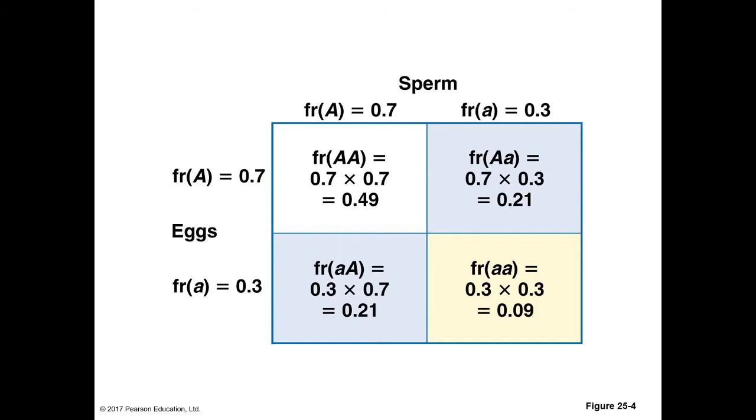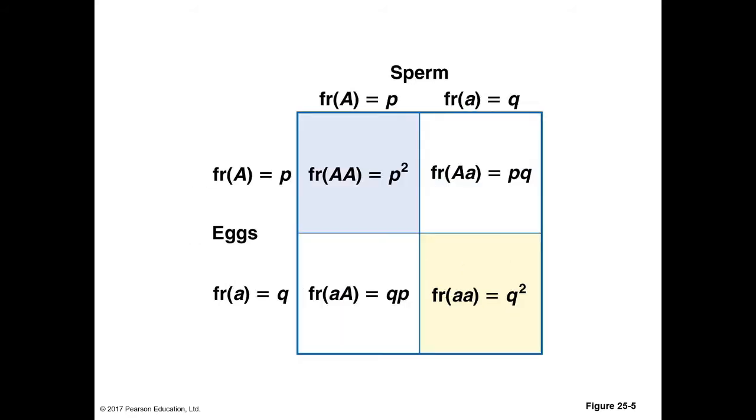So there you have it. The frequency for big A, big A is 0.49. The frequency for big A, small a, which is two of them, is 2 times 0.21, so you get 0.42. And the frequency for small a, small a is 0.09. If we simplify it, the frequency for big A, big A is p times p, which is p squared.